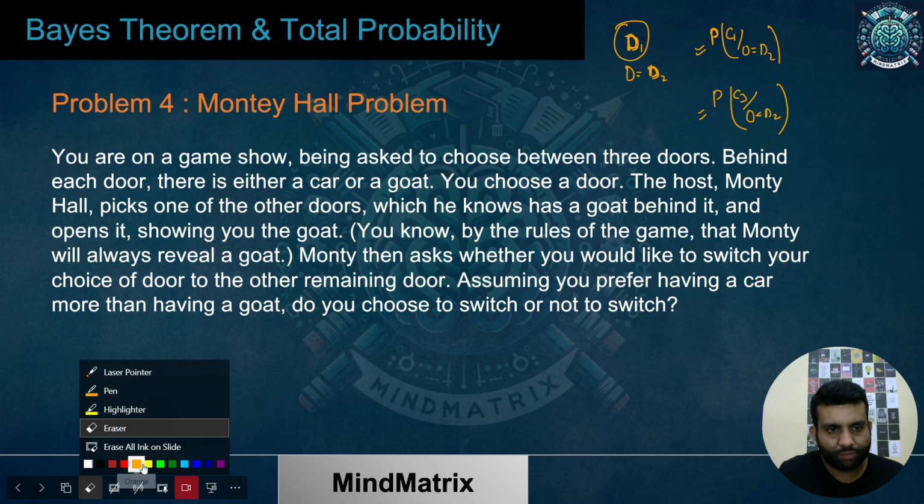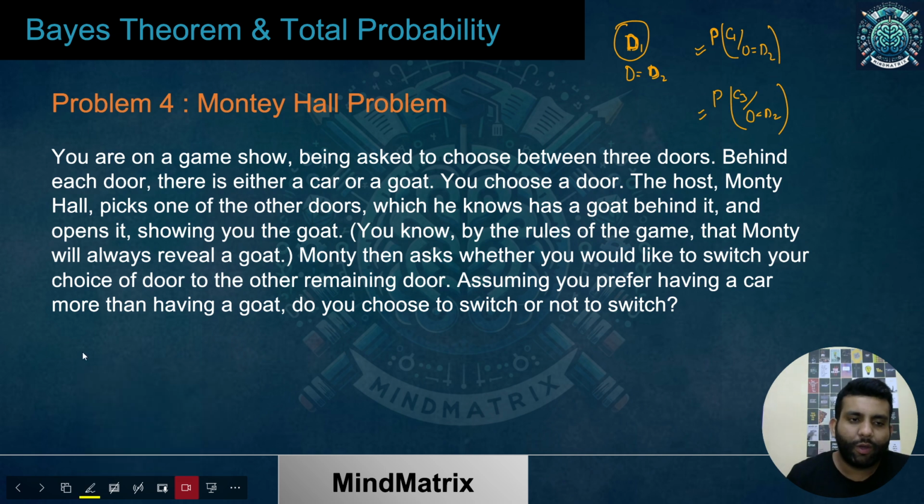See, now I will calculate. So the probability, you want to calculate O equals D2.